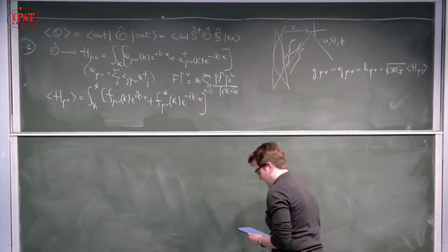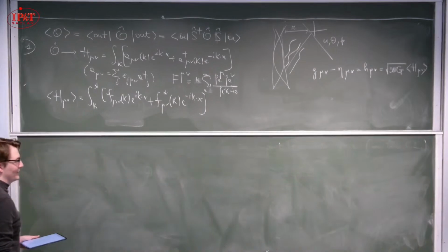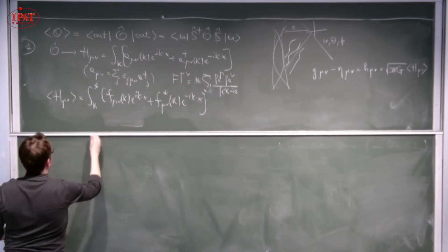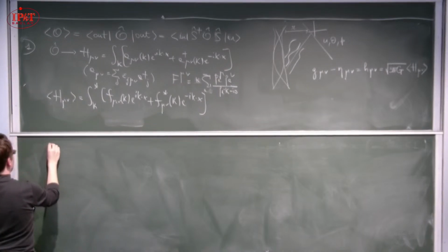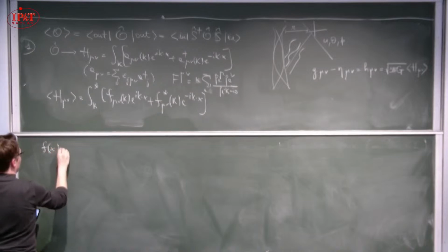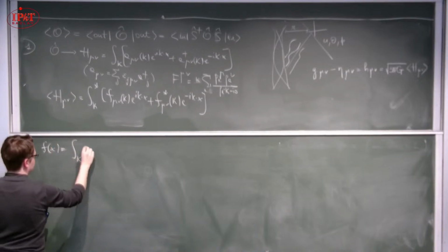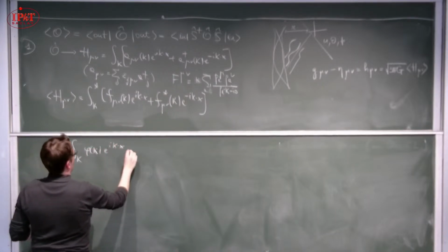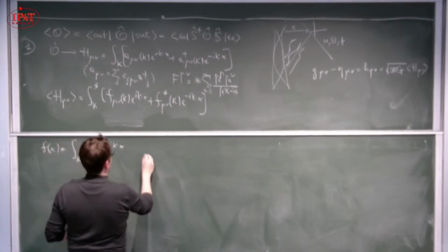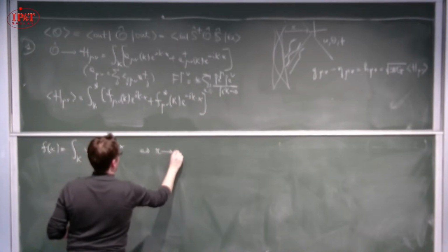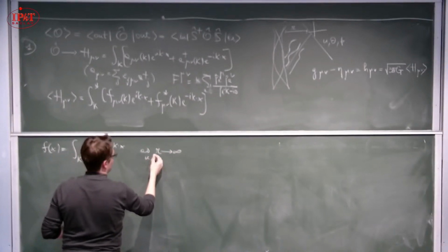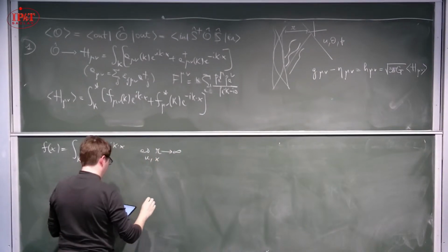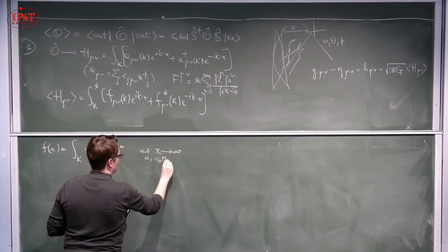In the spirit of this lecture, I think it would be nice to present it in terms of the method of regions. So let me consider a generic function f that has the form of this integral, and we consider the limit as r tends to infinity for u and n mu fixed.